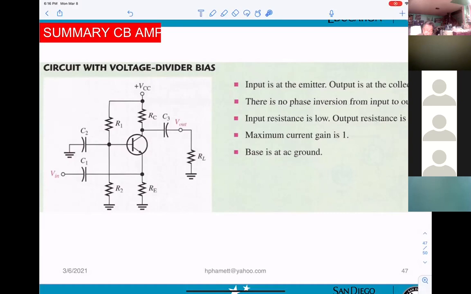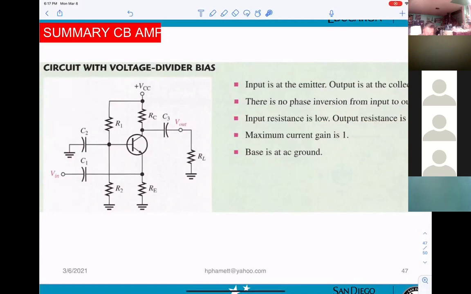Otherwise, if they want more input impedance or more output impedance, then they have to use common collector and common emitter, common base. In common base, input resistance is low and output resistance is high.